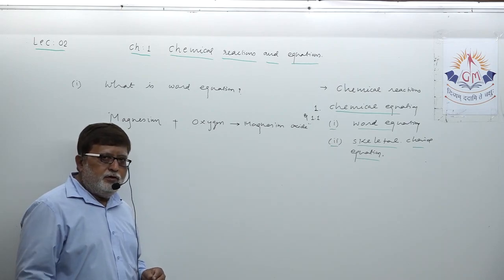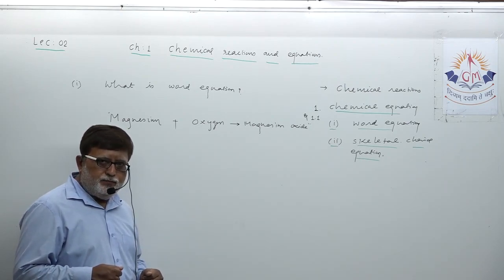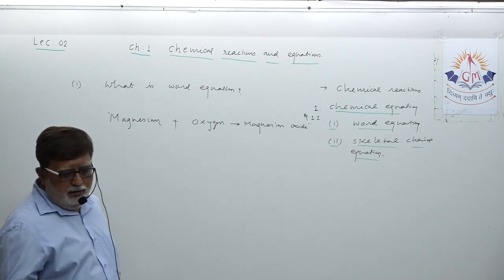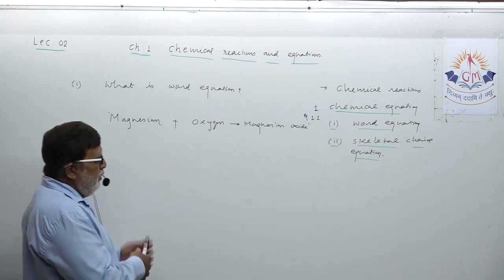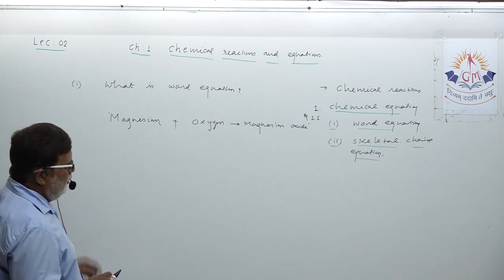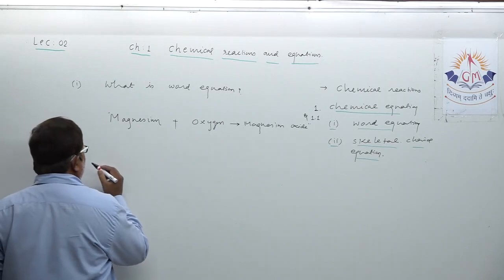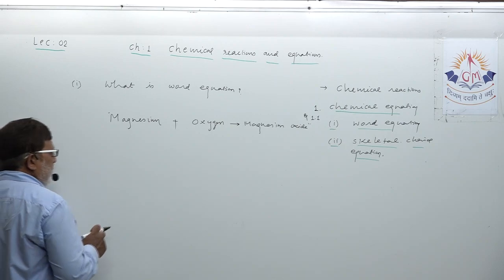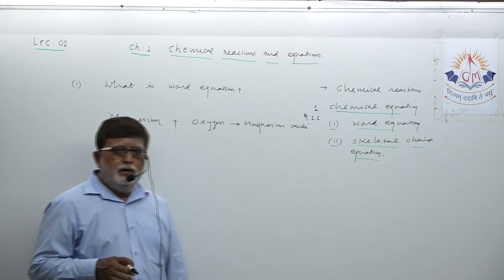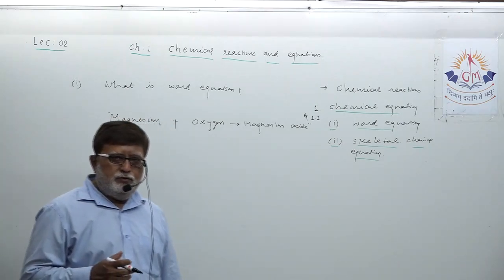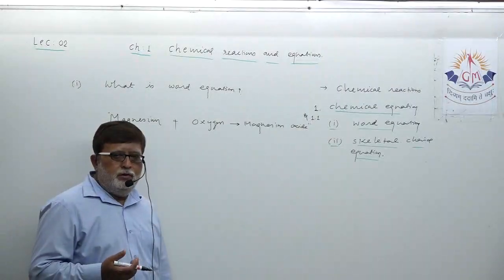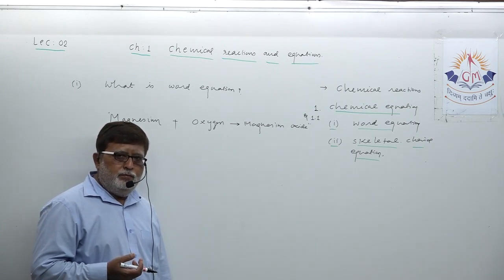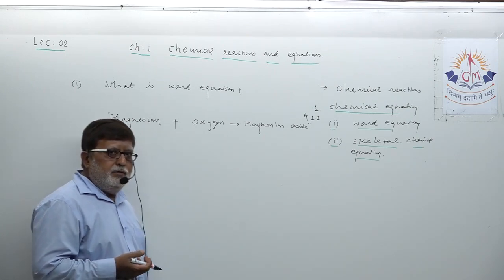Understand? Now let us move ahead and understand what a chemical equation actually is. This is a simple word equation, but now, dear student, if I write the same word equation by utilizing symbols and molecular formulas, it becomes a simple chemical equation.